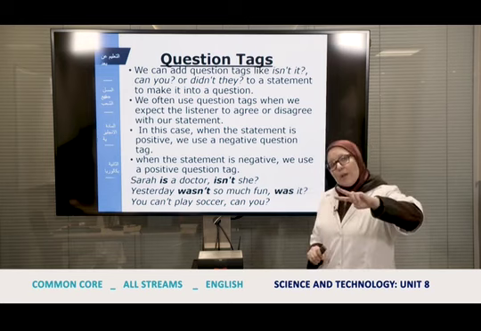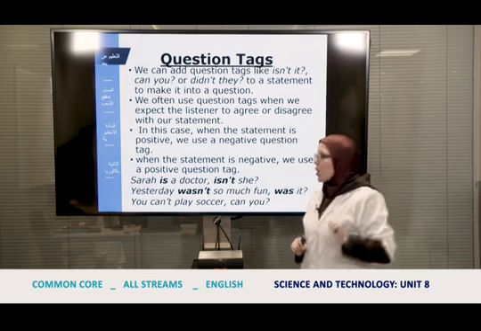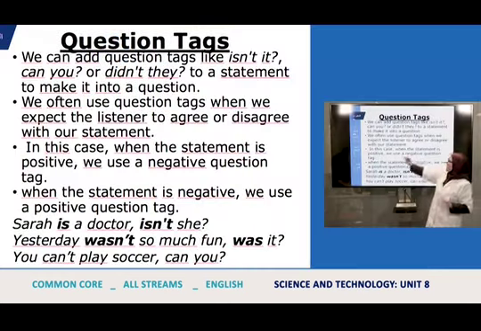And so now we come to the form, how we can form question tags. In this case, when the statement is positive, we use a negative question tag, and vice versa. It means when the statement is negative, we use a positive question tag. Let's have a look up here. Sarah is a doctor. So this sentence is positive, that's why we put it into the negative form.